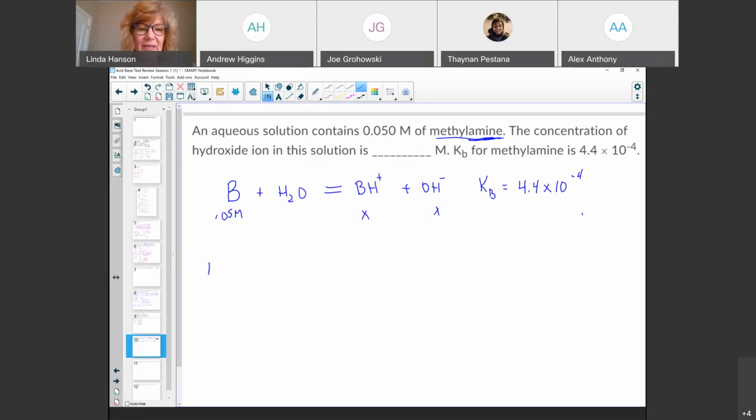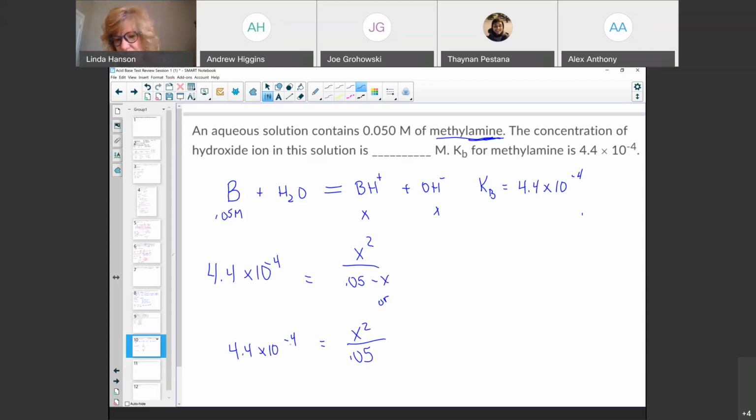So given the Kb of 4.4 times 10 to the negative fourth equals x squared over, and we know that it's technically 0.05 minus x at equilibrium. You could distribute that through and work out the quadratic equation, or you could toss out x and get a very close estimation, enough to find your answer, especially in a multiple choice setting. So that's truly a time saver. X being the hydroxide ion concentration.